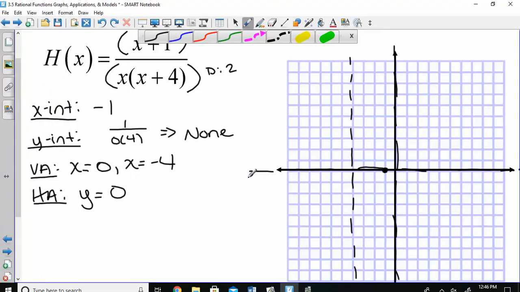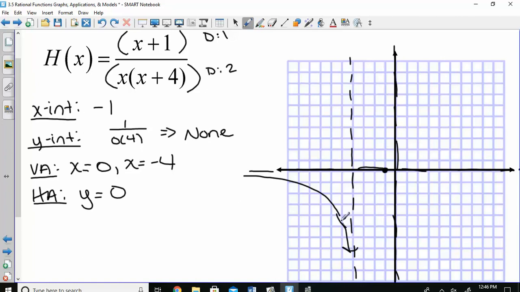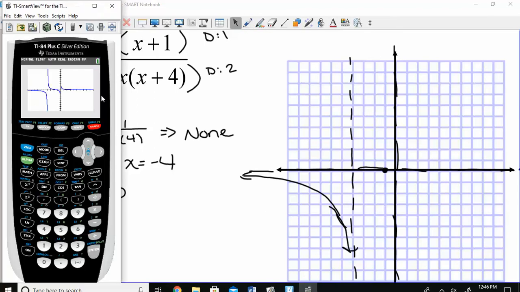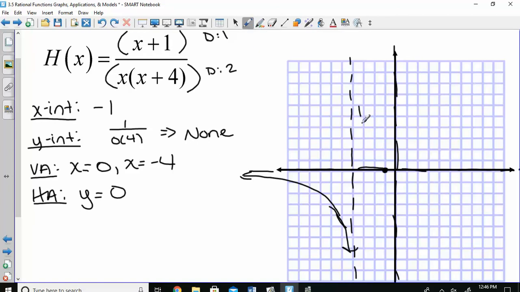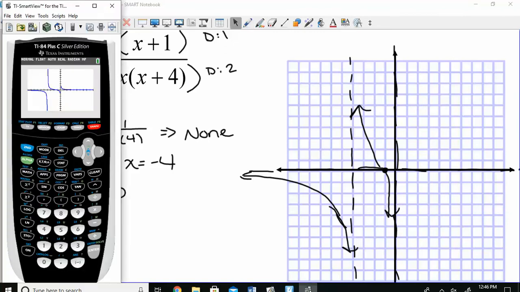So this first piece, we can see it's below your horizontal asymptote. What's the middle piece doing? What's going on here between my two vertical asymptotes? Yeah, it's kind of like just coming down to your x-axis, and if we zoomed in a little bit, it'd be a little bit easier to see.